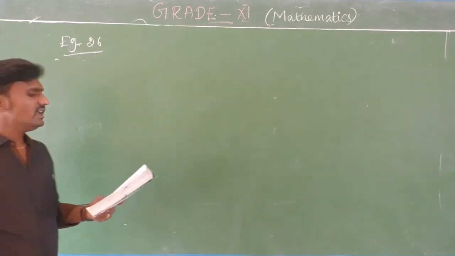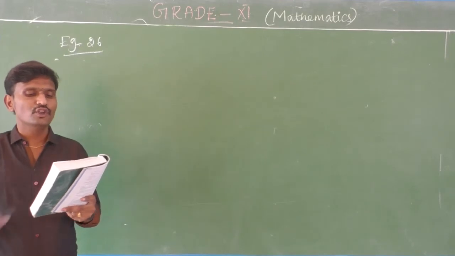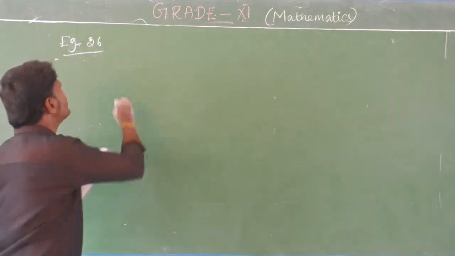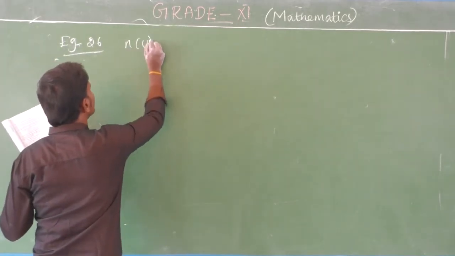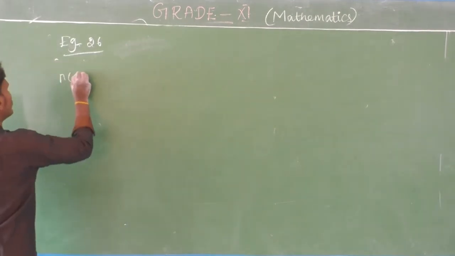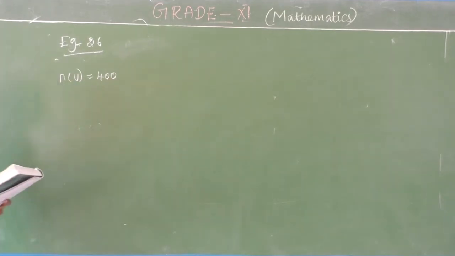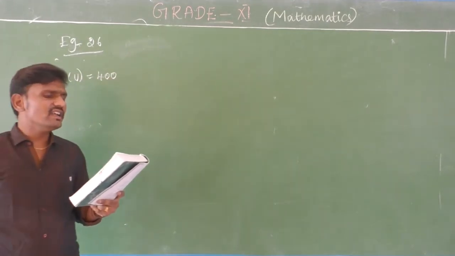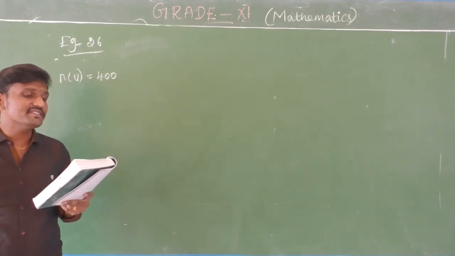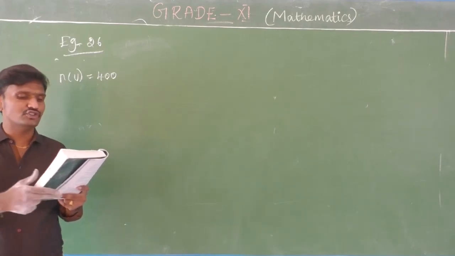See, listen carefully. The given question: in a survey of 400 students in a school. So here the total number of students in the school is mentioned by n of U, which is equal to 400. 400 students in the school. Here 100 were listed as taking apple juice and 150 as taking orange juice and 75 were listed as taking both juices.